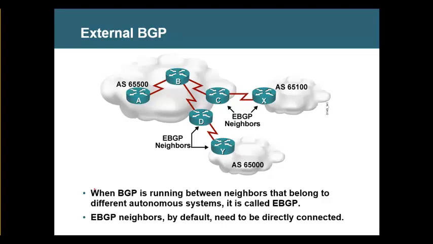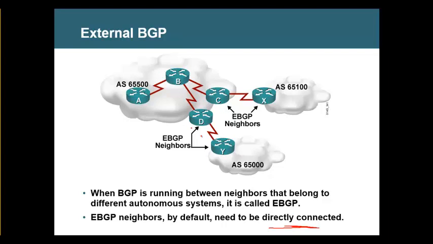There's a condition for forming a neighbor if you're doing eBGP neighborship. What is that? That neighbor needs to be directly connected. You will understand the depth of the meaning when we do the lab. What does that mean? Neighbor needs to be directly connected. Meaning, are these two directly connected?